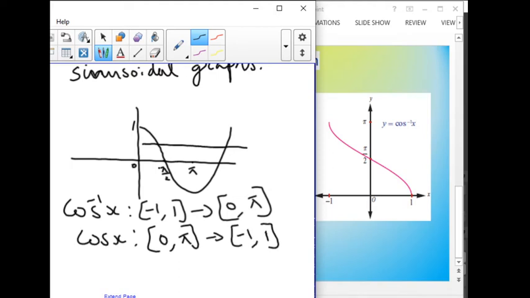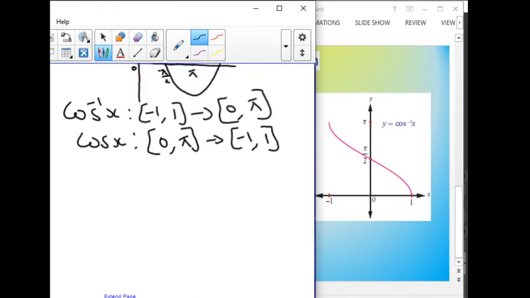Okay, so the domain is restricted. This 0 comma pi is called the principal domain.